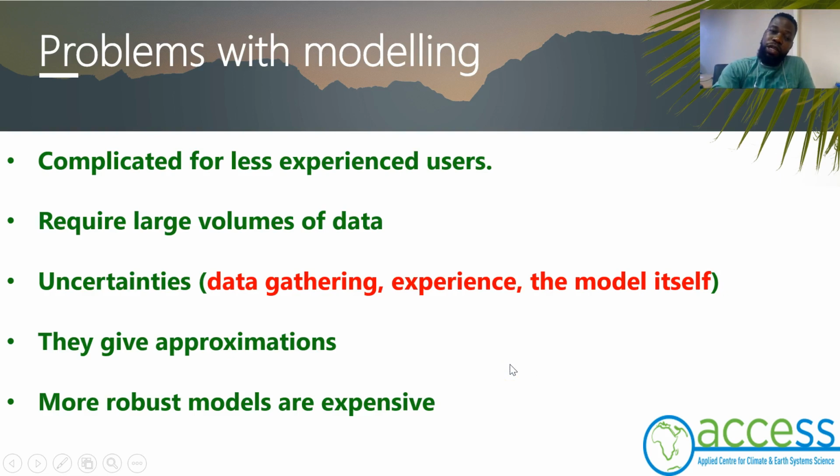The problems with modeling are that modeling is complicated for first-time, inexperienced users. They might actually find problems with using models. They require large volumes of data, especially time series data, for us to have more accurate approximations.